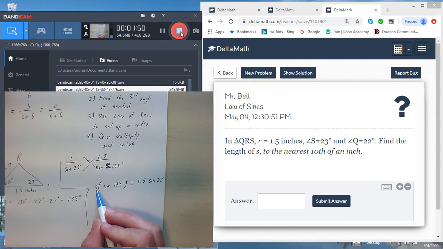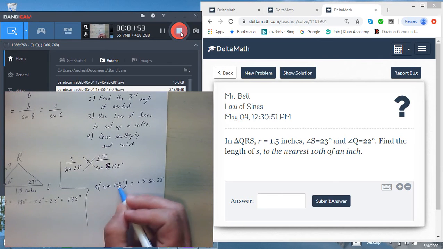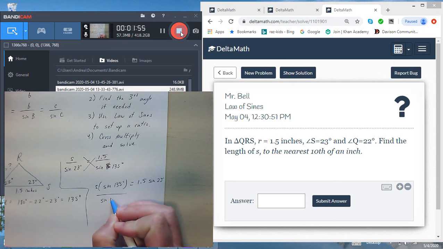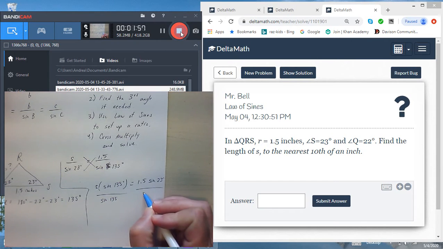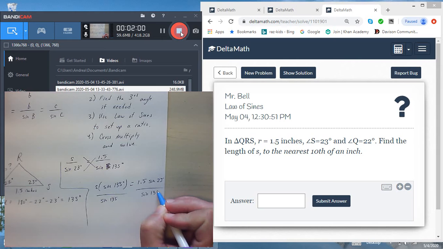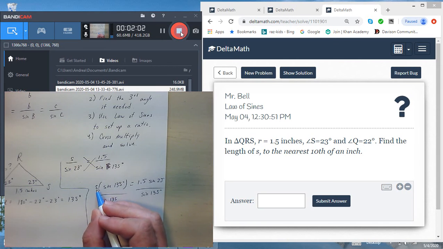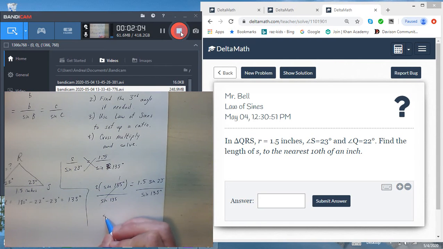Okay, still not solved for us, so we want to divide by this number. So I'm going to divide this side by that as well. Okay, so now I have, because this is going to give me 1, I have S equals this.